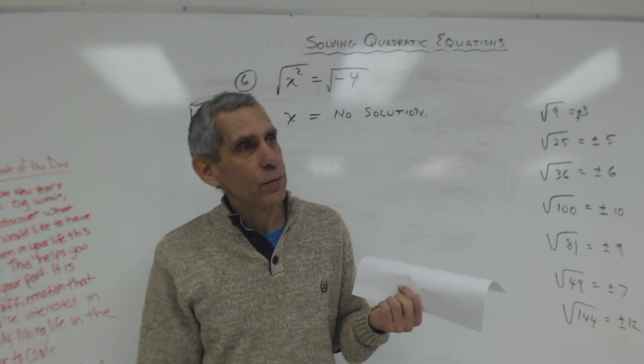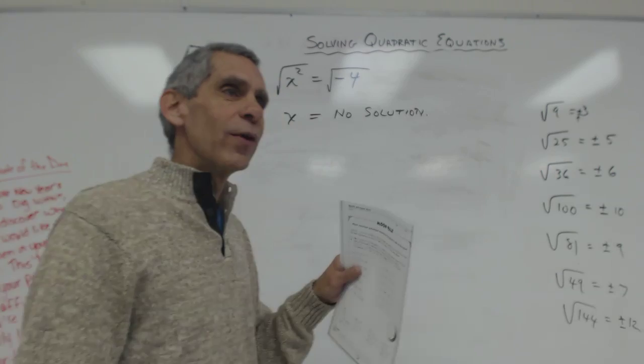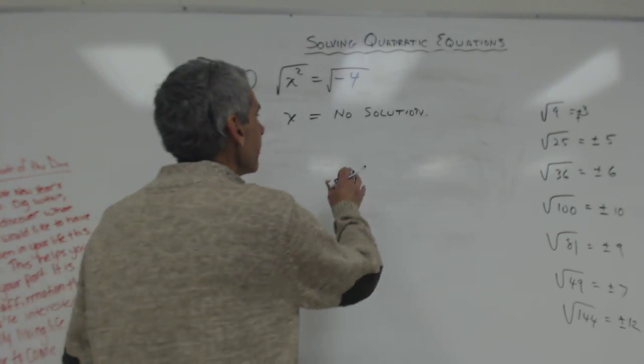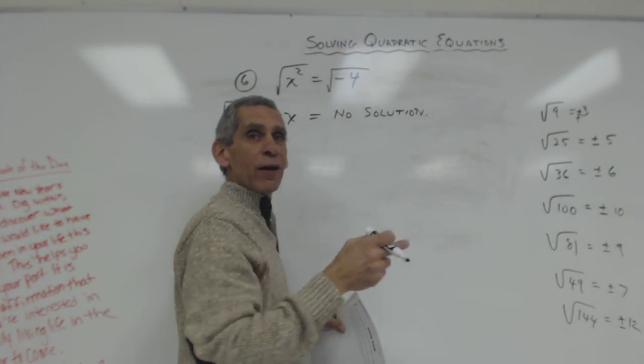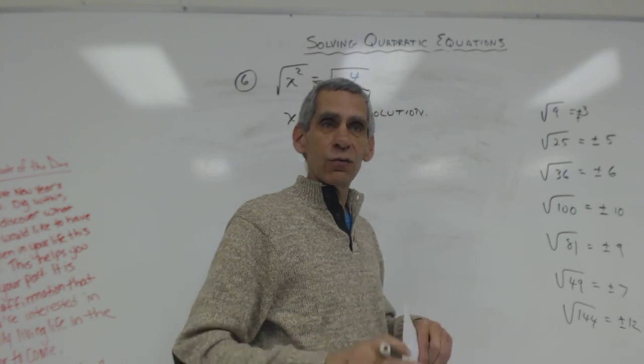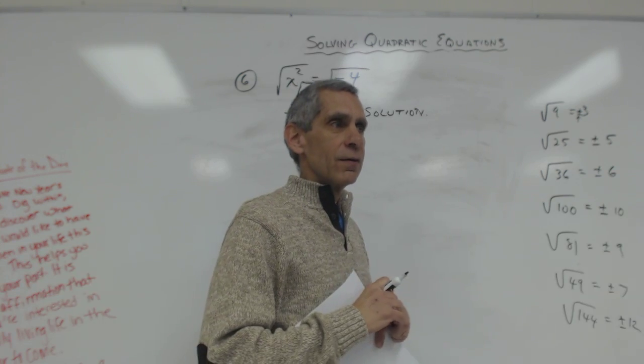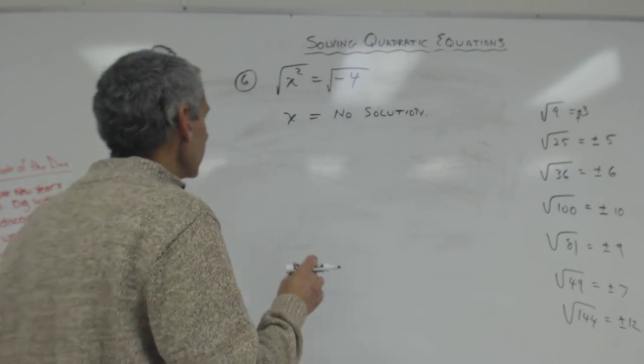But for now, whenever you have the square root of a negative number, you know there's no solution. You just write no solution. Piece of cake, right? It's easier than solving it. You can immediately see that.